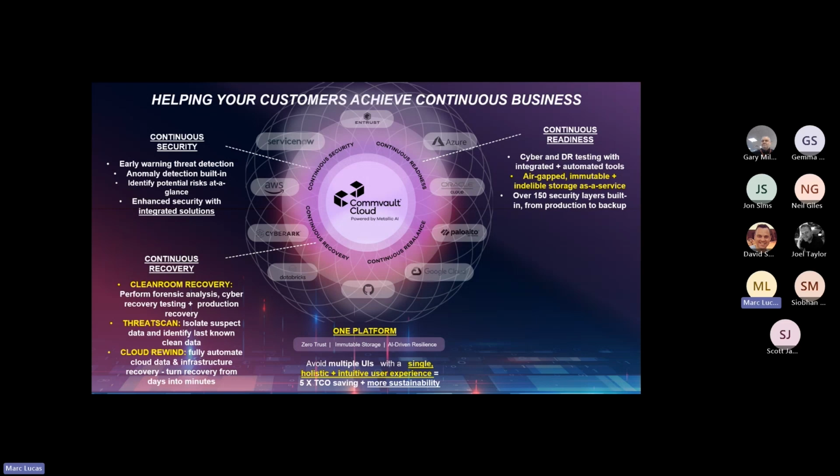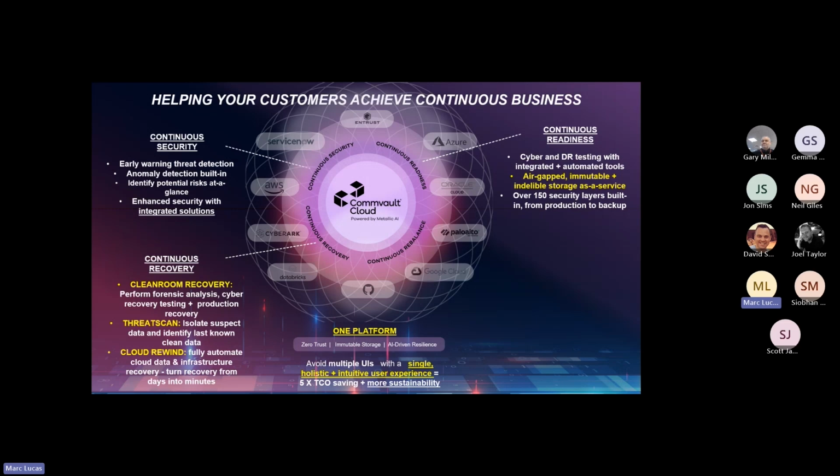So these are some of the solutions that you can see here on the bottom left-hand side that we're going to be focusing on over the coming weeks with this Webinar Wednesday series. Clean room recovery, that clean, sterile, pay-as-you-go, isolated recovery environment.